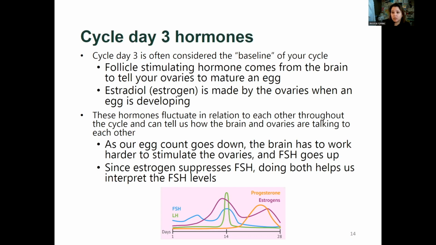And it's very similar to this, where you do the cycle day 3 hormones, then you take Clomid, which is a fertility medication, for 5 days, and repeat those hormones, FSH and estrogen, on day 10 to see how your body responded. I didn't include that in this presentation because some people don't have to do that test. It all just depends on whether you have insurance coverage, where you are, and if your insurance company requires that test.